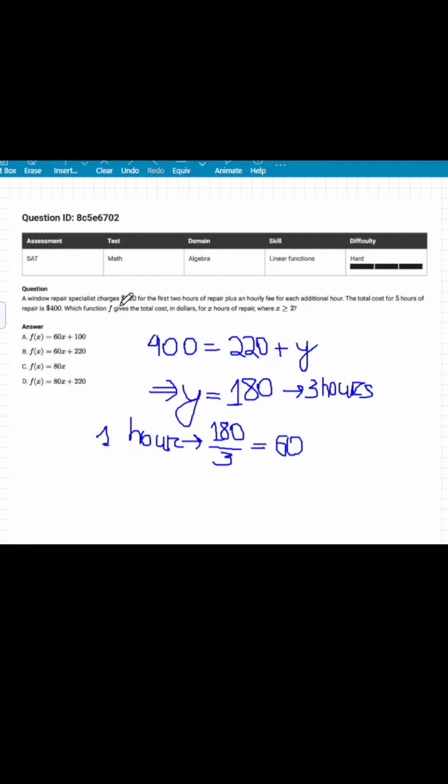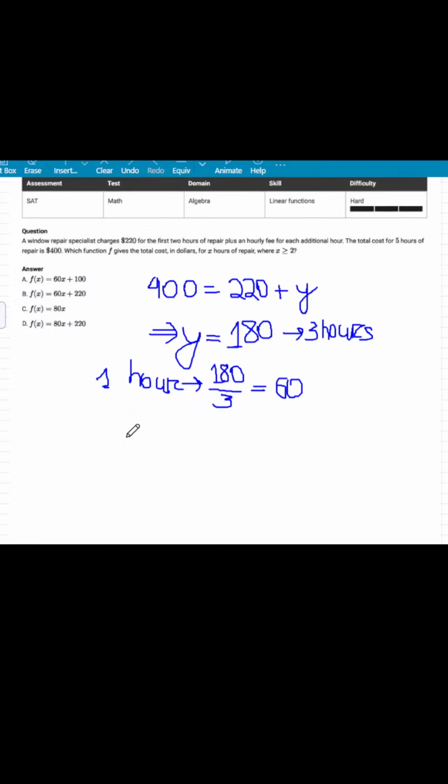Now we have to find this function f, which gives us the total cost in dollars for x hours of repair. For x hours of repair, the first 2 hours will always have this $220 as the initial cost. So f of x is equal to 220, which is the cost for the first 2 hours, plus the hourly fee of $60 as we derived here for all the rest of the hours.